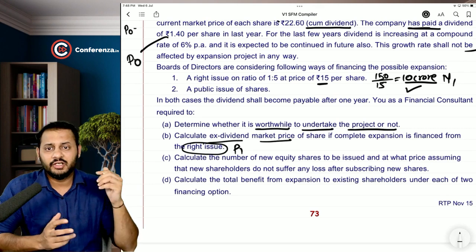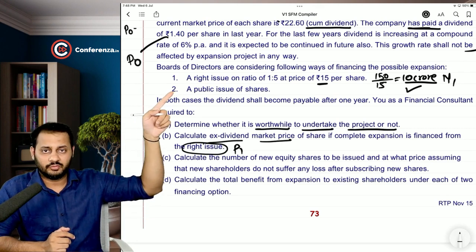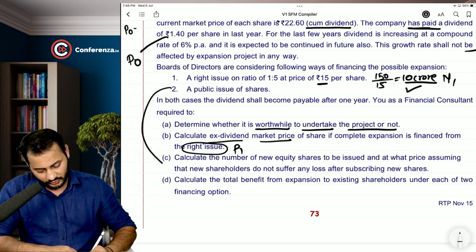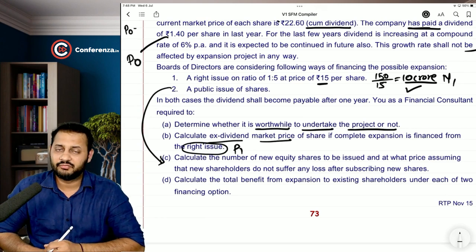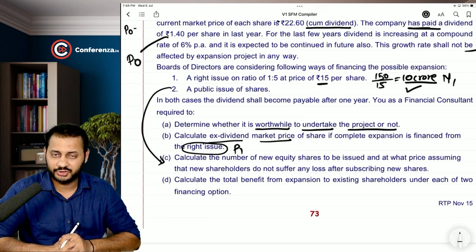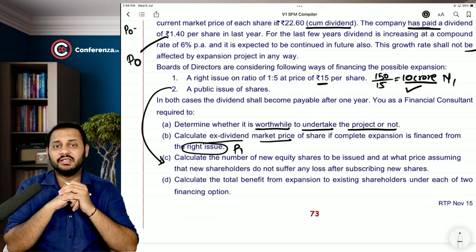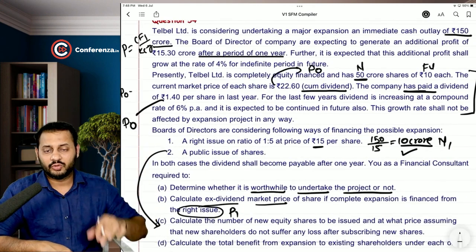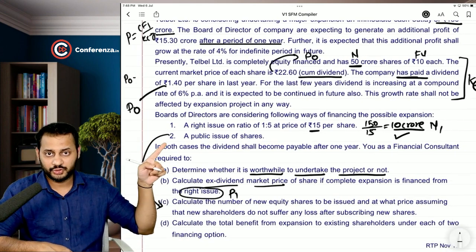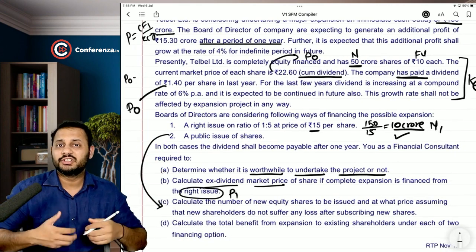See, if we go directly through the second option, I think basically they want to talk about the second option. If we directly go through public shares, a public issue of the shares, we will be issuing new shares in the market. The question is saying, beyond 50 crore, how many new shares have to be issued? First of all, how many new shares have to be issued?